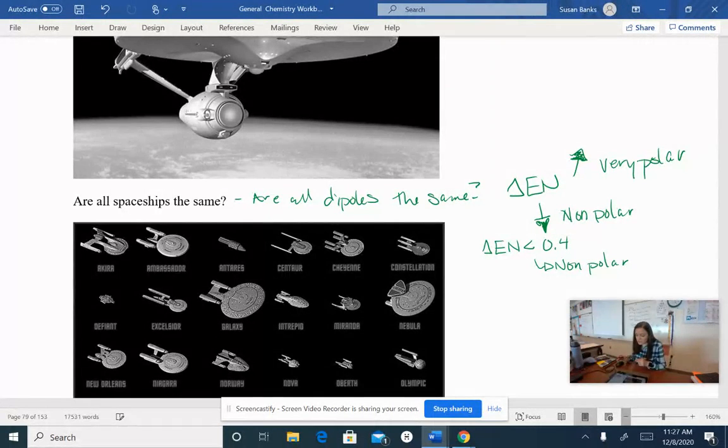And we also have to look at, do the dipoles cancel over the geometry of the molecule?